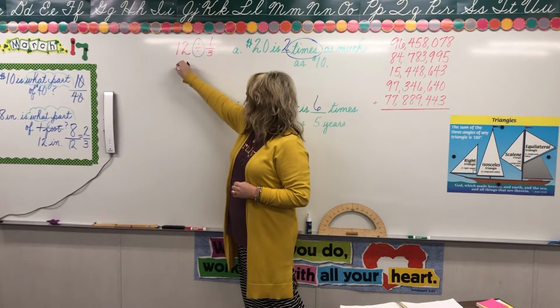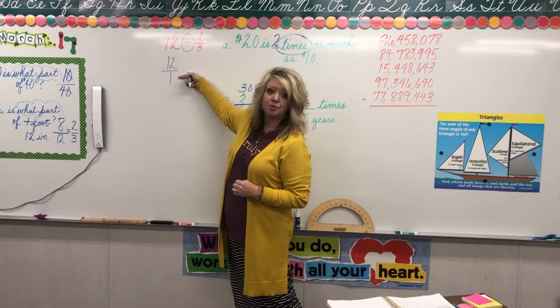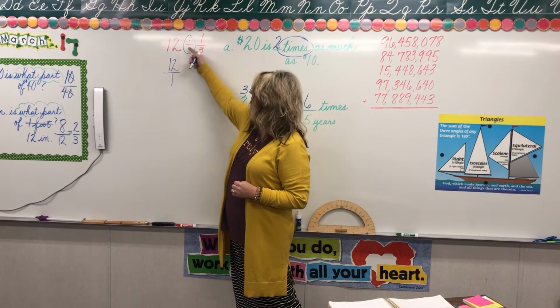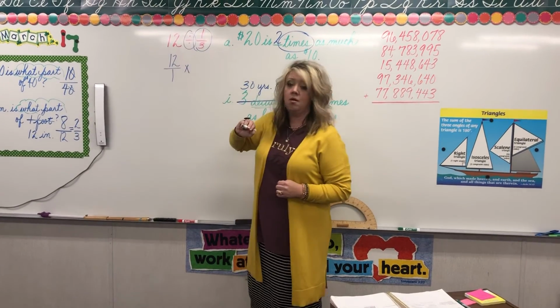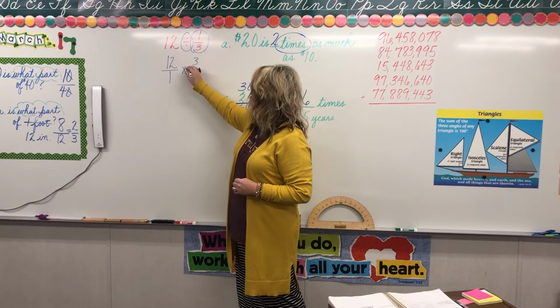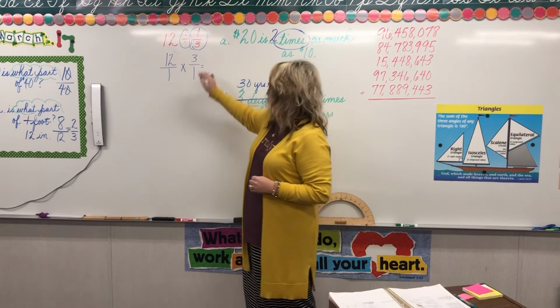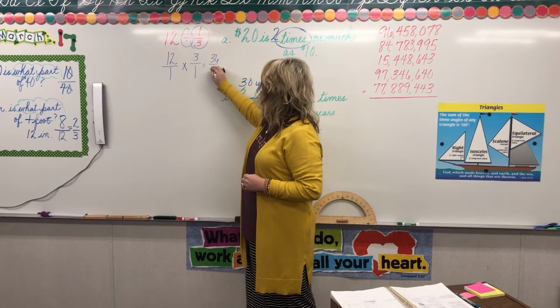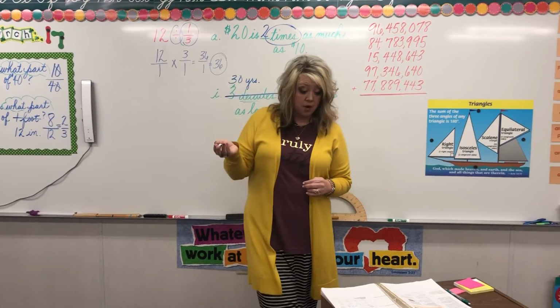So you'll say 12 over 1, changing it to an improper fraction, but that's not inverting. This changes to multiplication, and we write the reciprocal of 1/3, which is 3 over 1. And then you just simply multiply. 12 times 3 would be 36 over 1, which equals 36. And that's one of our newer concepts.